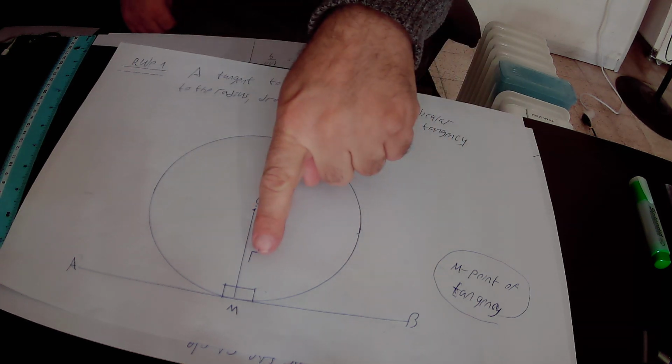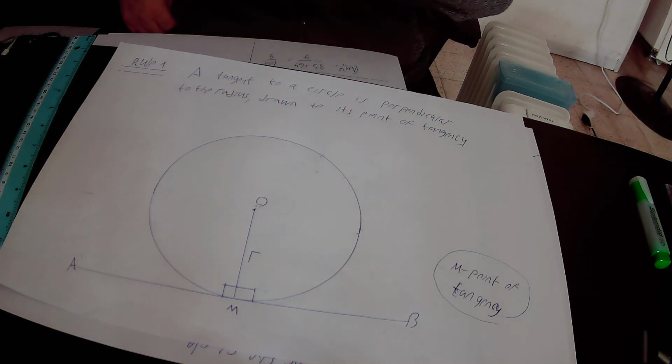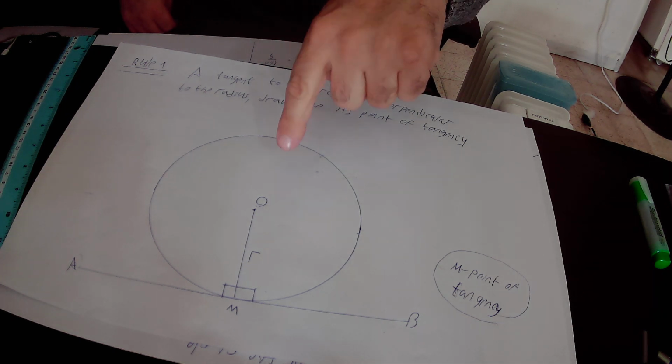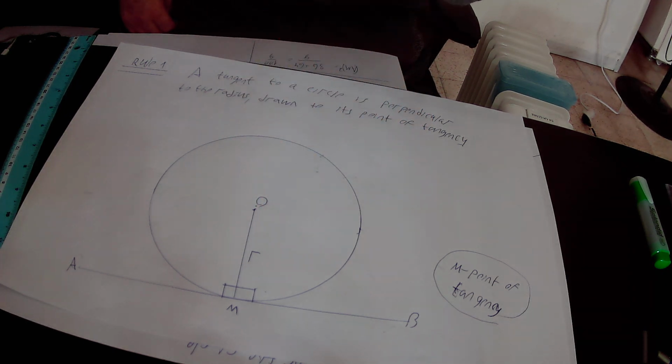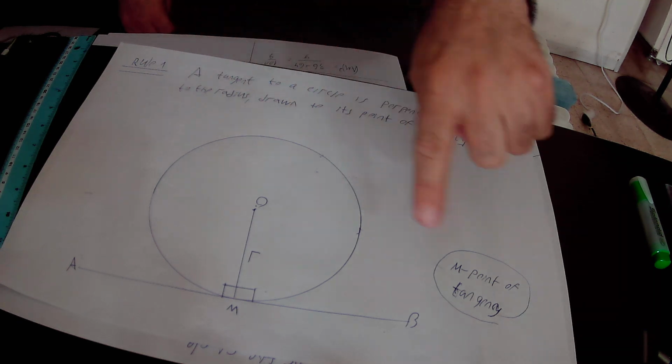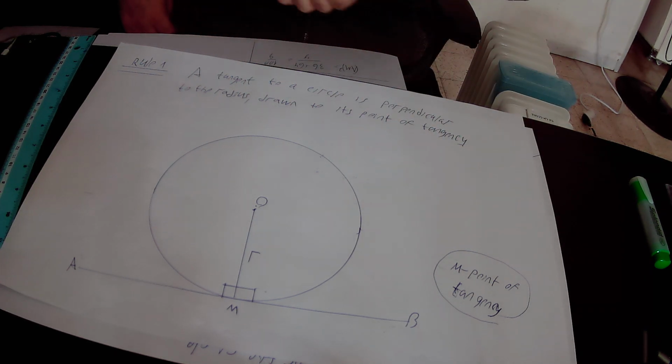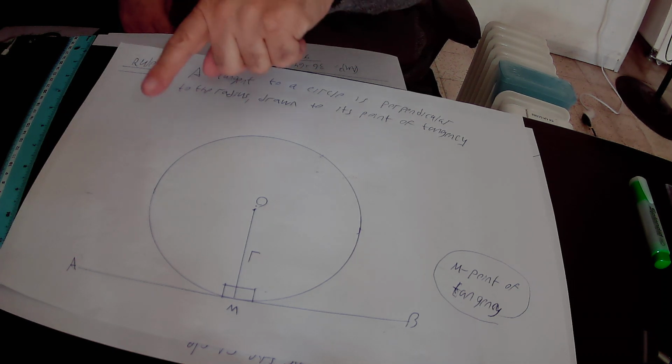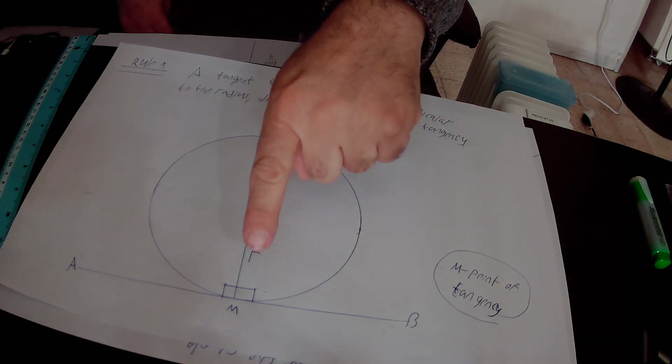AB is tangent to this circle at point M. The radius OM is drawn to point M, that is the point of tangency of tangent AB with this circle. And whenever you have a radius that is drawn to the point of tangency, then the tangent AB will be perpendicular to the radius MO.